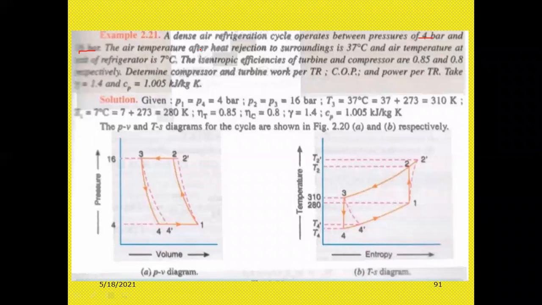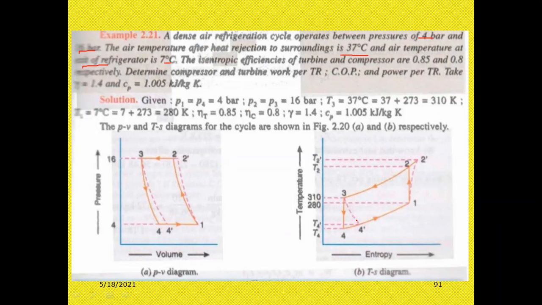The air temperature after heat rejection to the surroundings is 37 degrees centigrade, and the air temperature at the exit of the refrigerator is 7 degrees centigrade. The air temperature after heat rejection, after the heat goes out, is 37 degrees centigrade, and the air temperature at the exit of the refrigerator means T4.